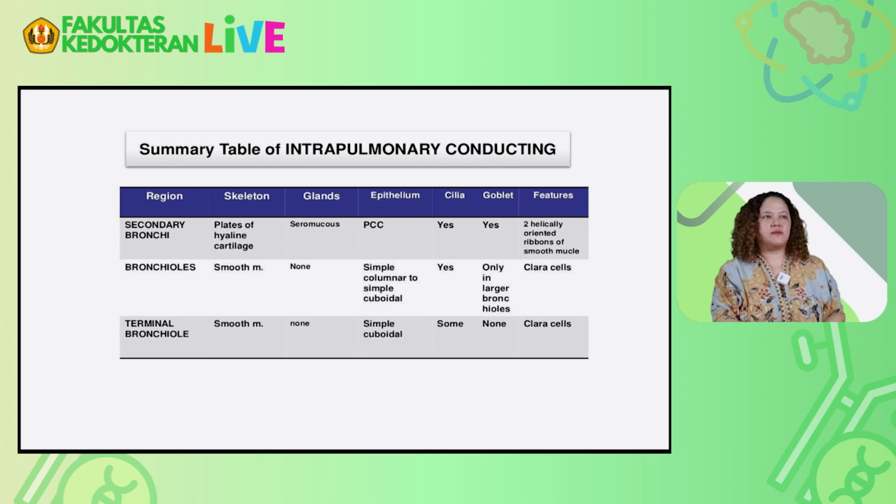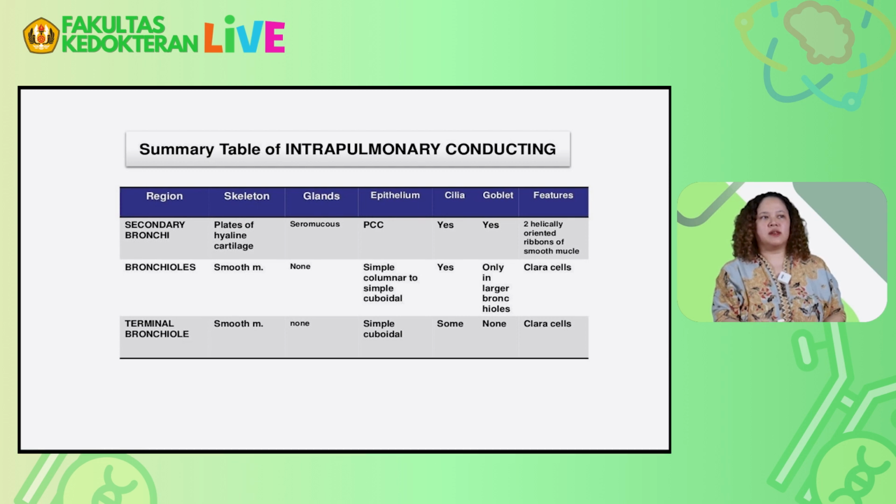Then this table is the difference between the secondary bronchi, bronchioles, and terminal bronchioles. As you can see, the bronchi still contain cartilage, but from bronchioles to terminal bronchioles, it is replaced by smooth muscle.